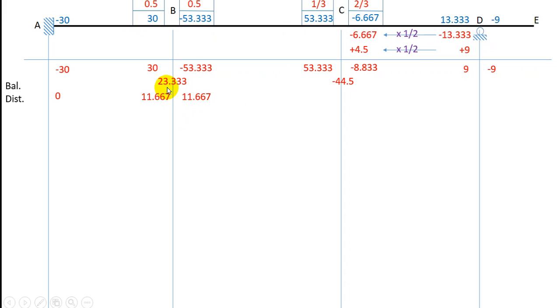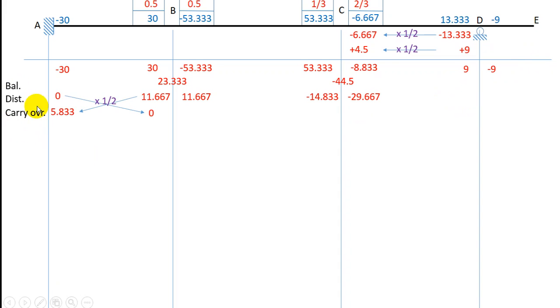So how to find that? We multiply this by the respective distribution factors. We get 11.667 and again 11.667. Again we multiply this value by 1 by 3 and this value by 1 by 3 to get the contribution of CD. So this is the contribution of CB and this is the contribution of CD. And we won't disturb this joint.